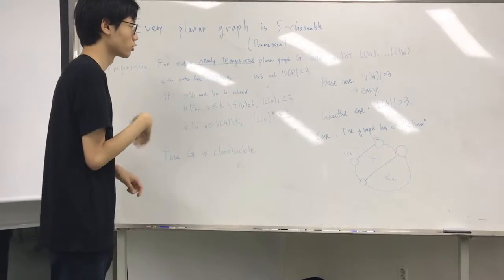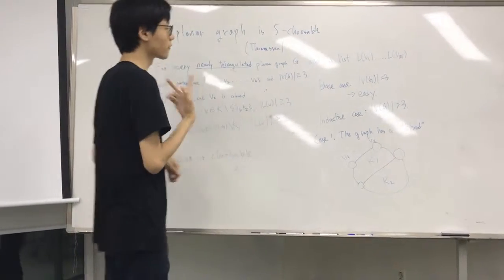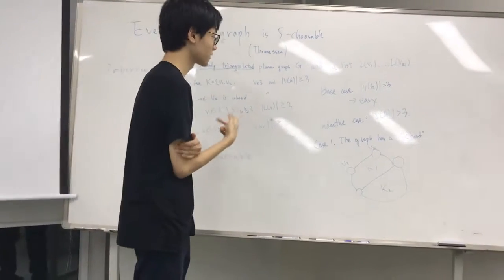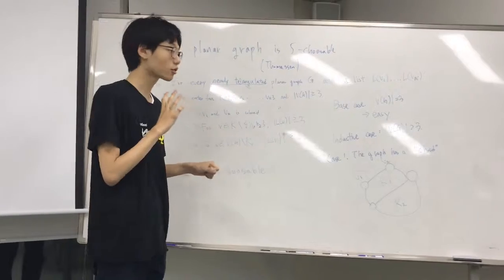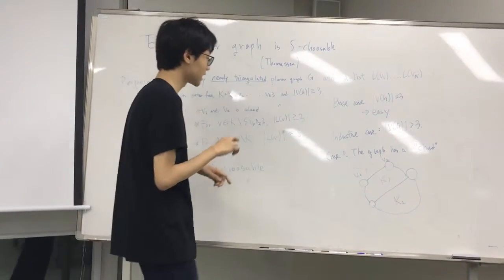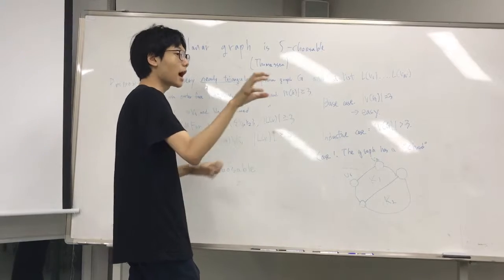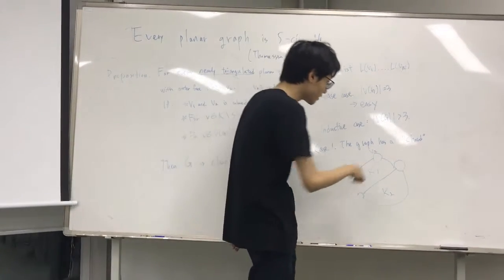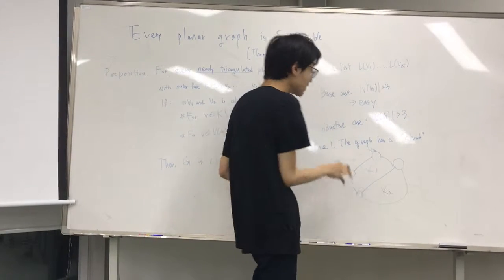So we will continue. For the inductive case, we will assume that the number of vertices is at least 4, and we have two cases. For case 1, the graph has a chord. By a chord, it means there is an edge that connects two vertices in the outer face which are not adjacent on the outer face.